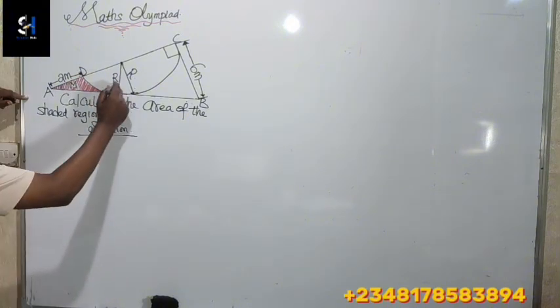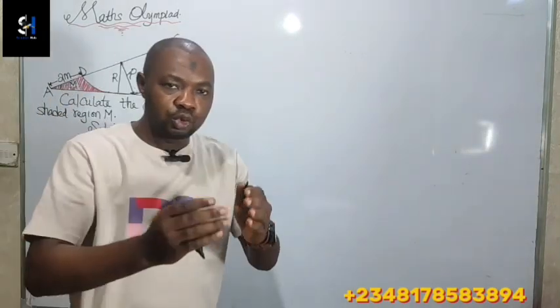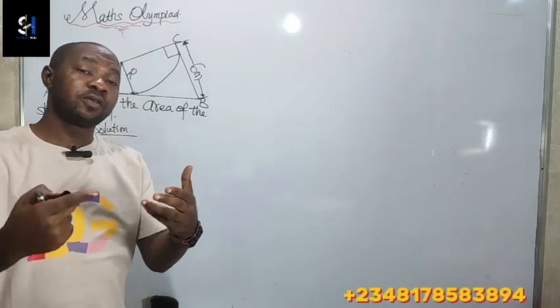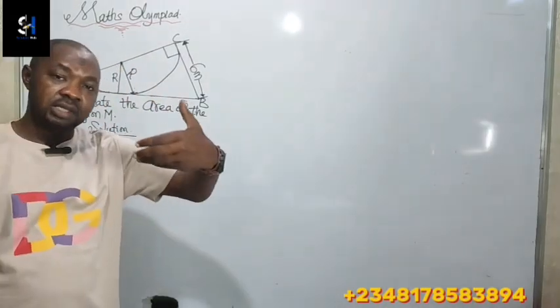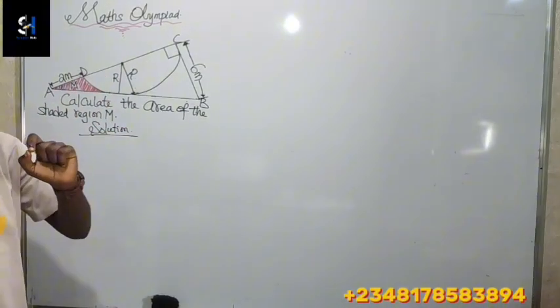When a line from the center of a circle is drawn to pass through the point of contact between a tangent and a circle or a semicircle, that line is what we call radius.